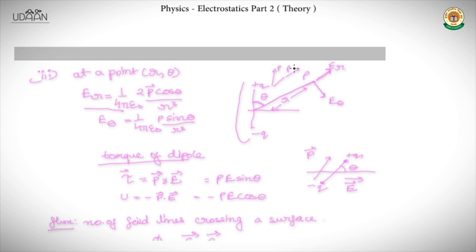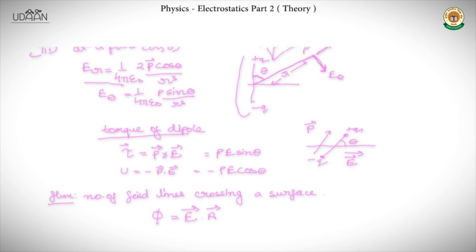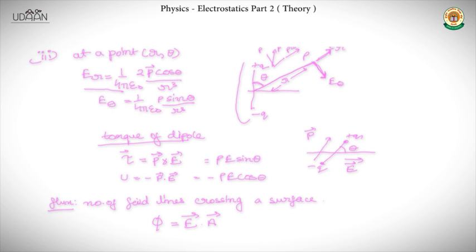And similarly, this is p sin theta. In magnitude, this comes up. Along the equatorial, it is negative, like minus p. In the axial case, the formula is 2kp by r cube. So here p is p cos theta, and so we get E r is equal to 2kp cos theta by r cube. Same for E theta, because for equatorial it is kp by r cube and p is p sin theta.